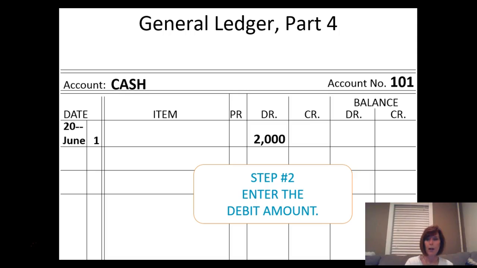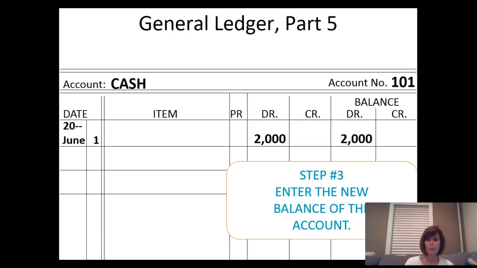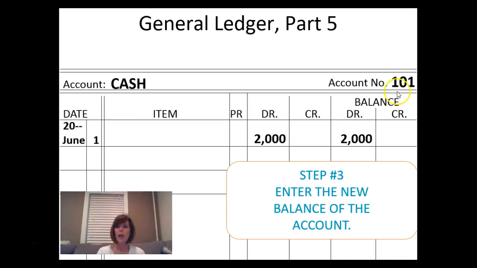Now we look at the balance column. The transaction itself was $2,000, leaving us with a balance in our cash account of $2,000.